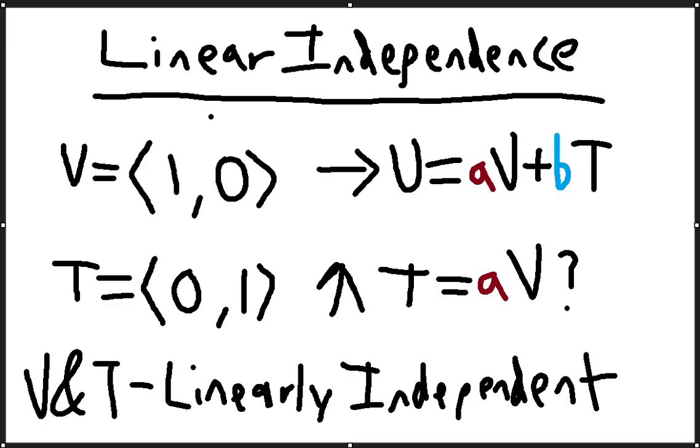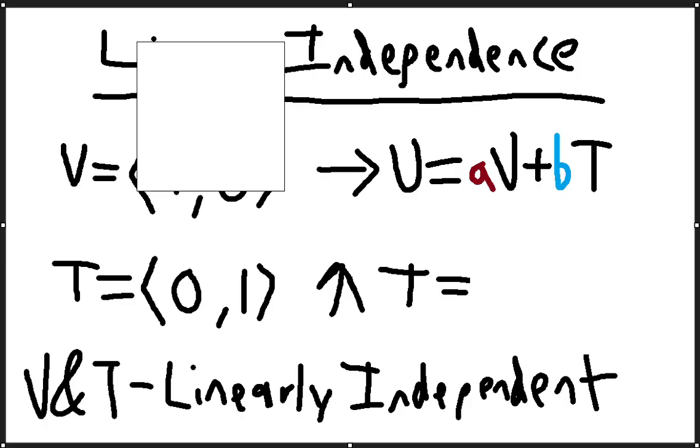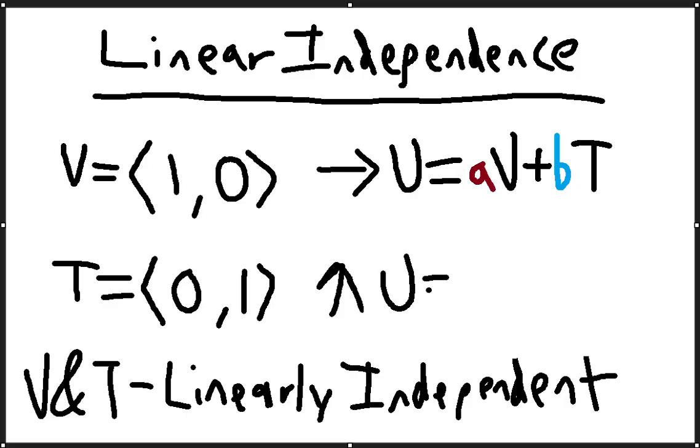And so if we have some vector u, which might be, I don't know, u equal to 4, 8, well then it's not independent, because we can just set a equal to 4 and b equal to 8, and we'll get to u. And so u is not independent of v and t.